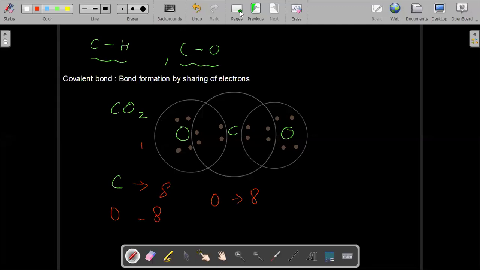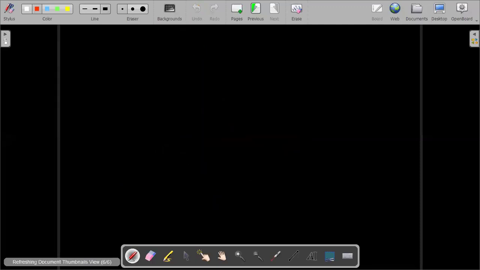Now, in the same way, can we try to form NH3, ammonia? Ammonia also forms bonds by covalent bonds. So it's nitrogen.